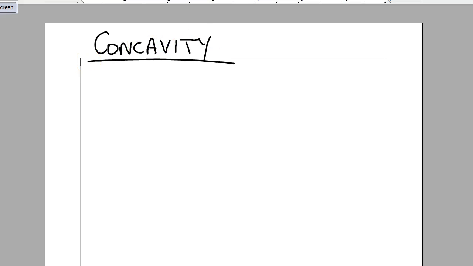Concavity. So concavity tells you whether slope is increasing or decreasing.